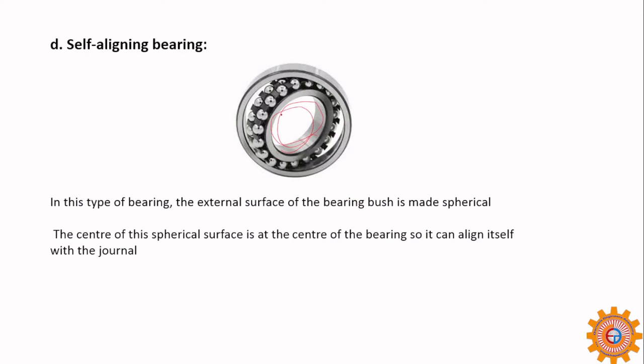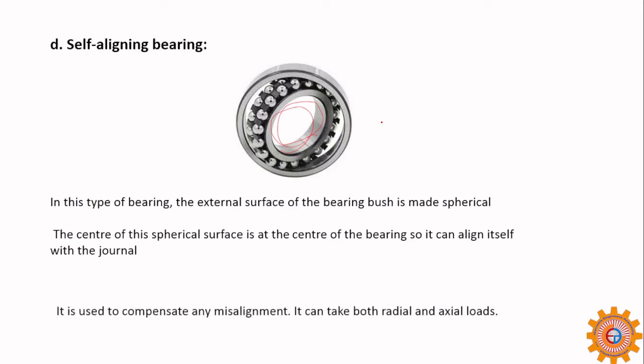It tries to accommodate or align with the journal only. Okay, so this is self-aligning, but its usage is very particular. It is used to compensate for any misalignment. It can take both radial and axial loads.